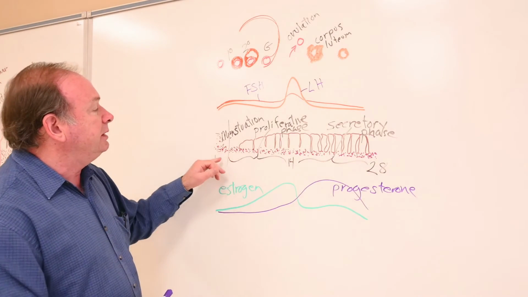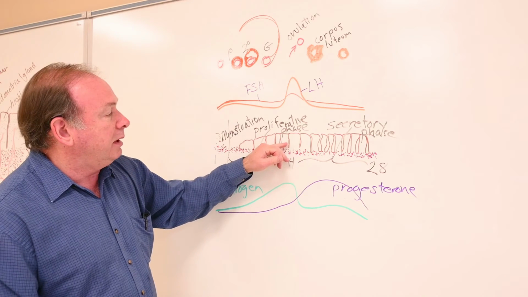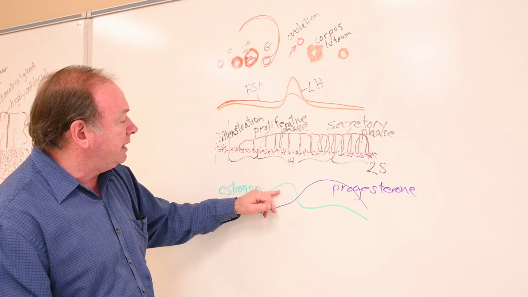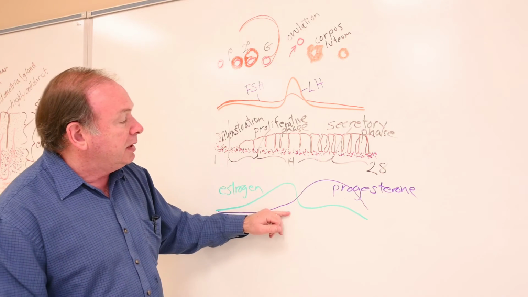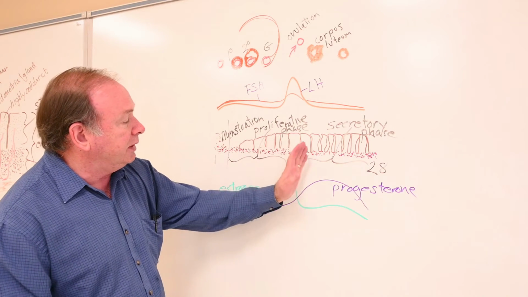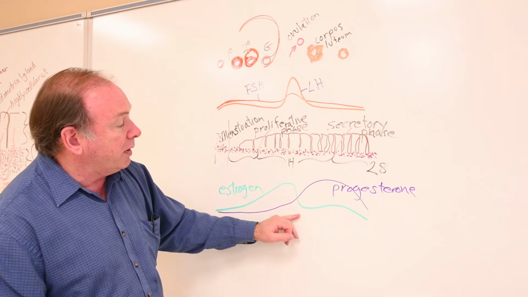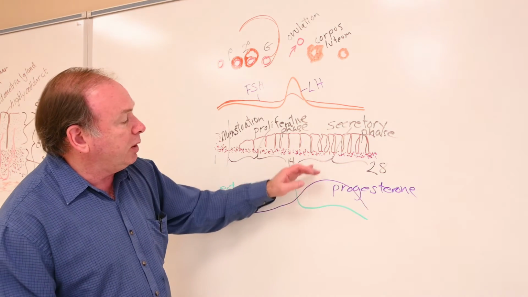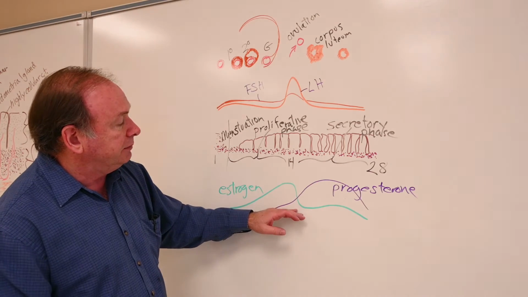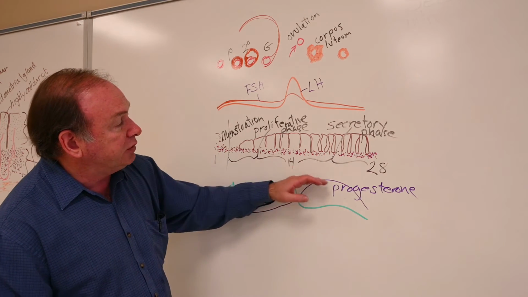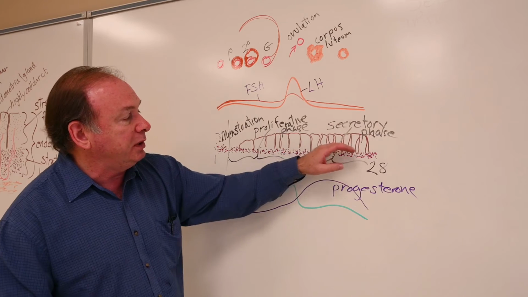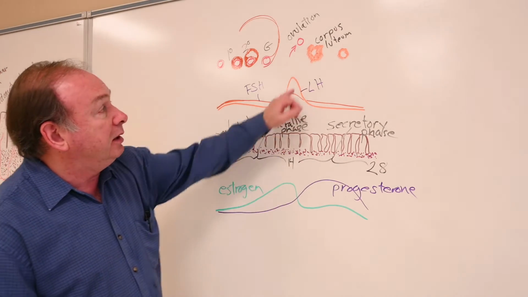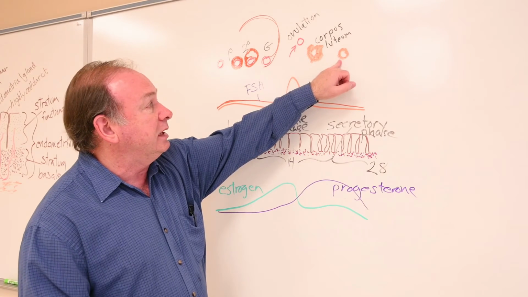So the development of the uterine lining during the proliferative phase is primarily under the influence of estrogen, and then after ovulation, the estrogen falls fairly significantly, and you see a peak in the progesterone levels in there. And the progesterone maintains that endometrial lining, that secretory phase, until the progesterone declines.